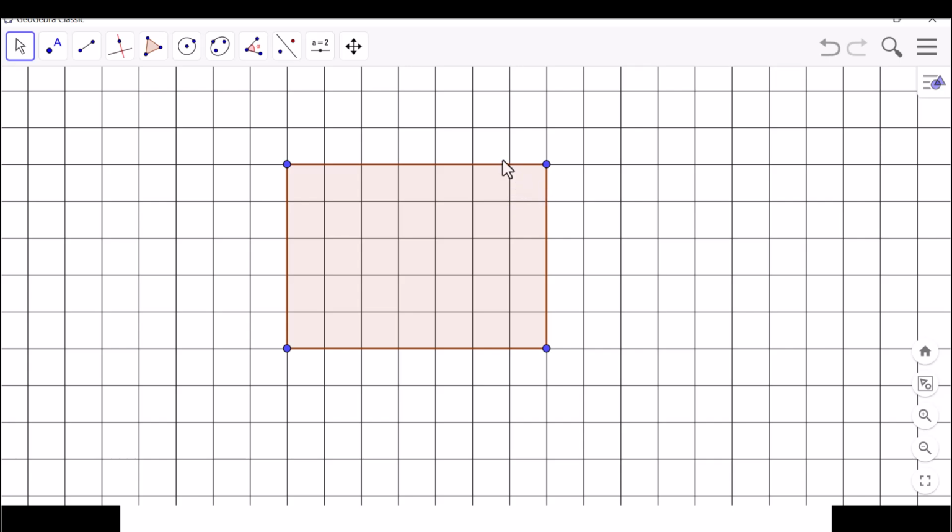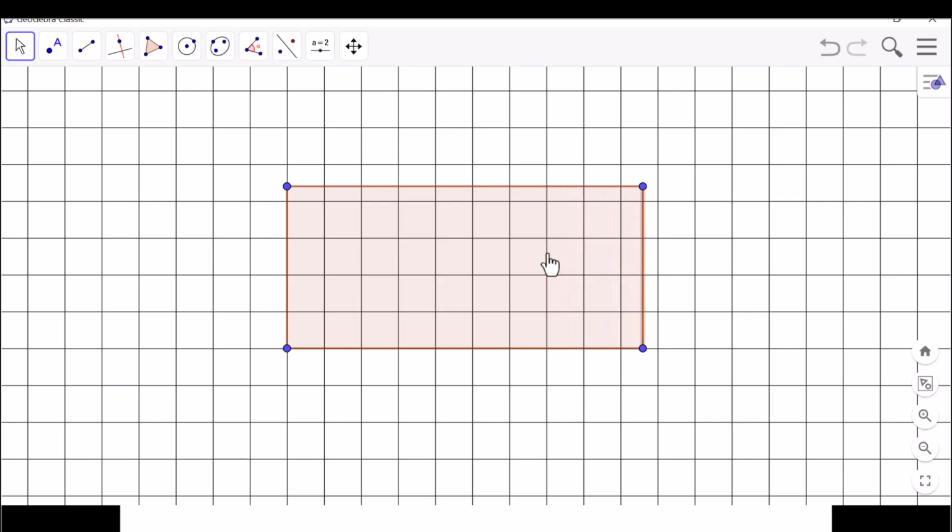If you want to show the parallel sides, just click on one side of this rectangle and pull it up. You can see that the two sides travel on a straight line. You know the meaning of parallel lines: lines that never meet. There's no way both of them will meet as long as they're traveling on this straight line. So that shows that the opposite sides are parallel.